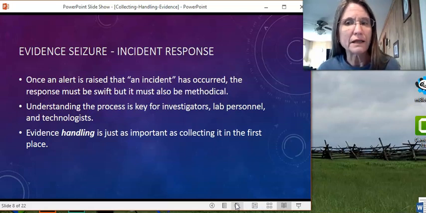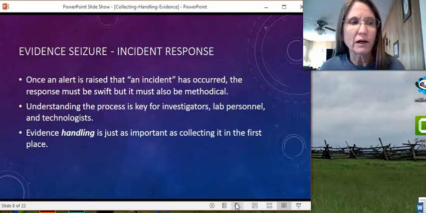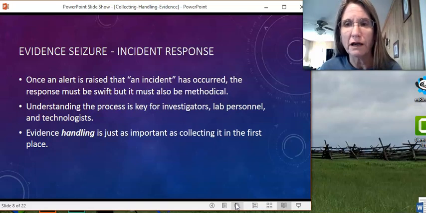So it is of key importance for our internal investigators, our law enforcement, any personnel in a lab type situation who are analyzing the data that we collect, that they understand the process and especially take great care in what's called the chain of custody.